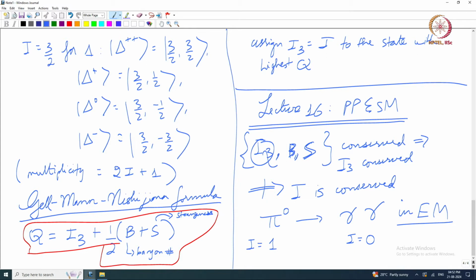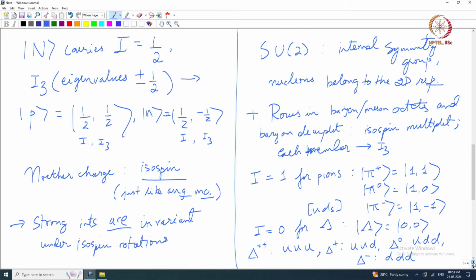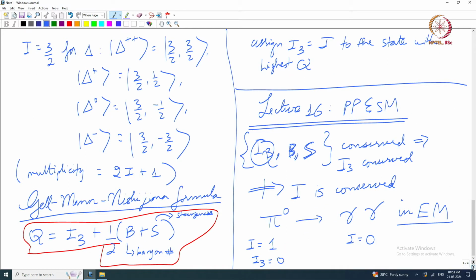Of course, I3 is conserved, because the I3 for the neutral pion is 0, as we saw at the end of the last class, and since you can't talk about isospin for photons, on the right hand side this is also 0.